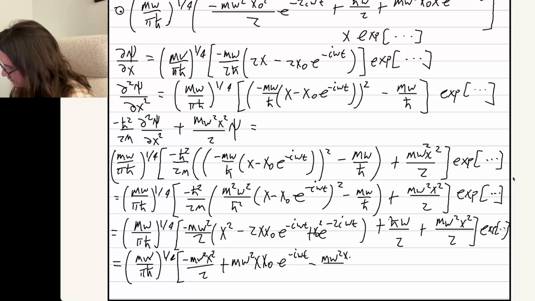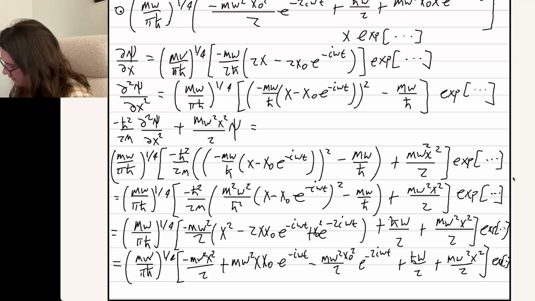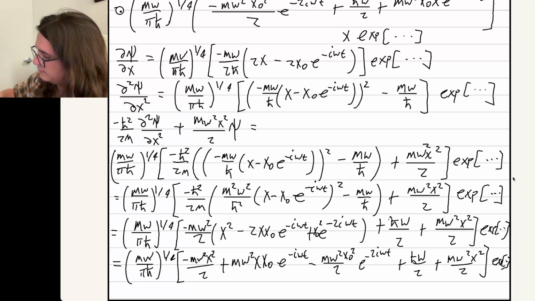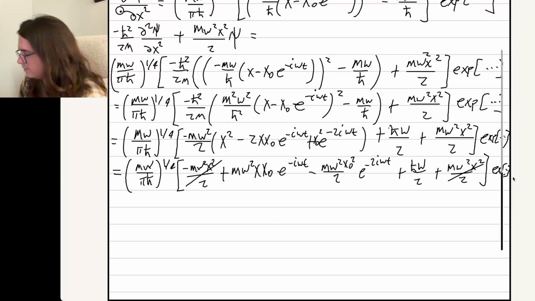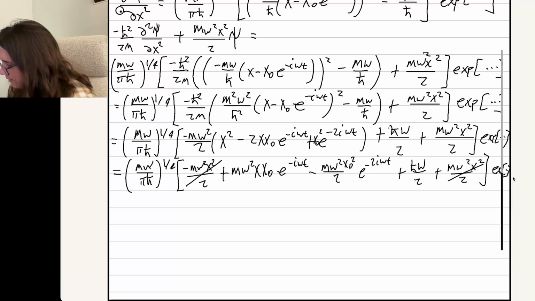I just realized this is x naught squared over 2 e to the minus 2 i omega t, plus h bar omega over 2 plus m omega squared x squared over 2. Right. And then, interestingly enough, this m omega squared x squared over 2 cancels out the other one.